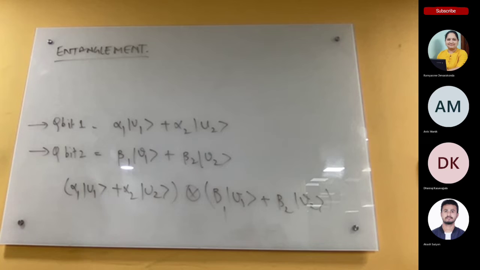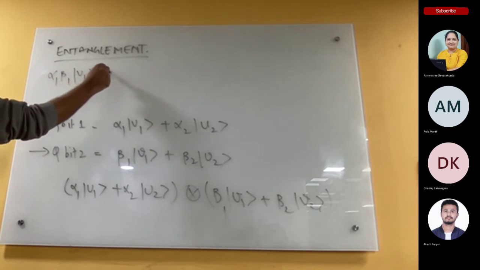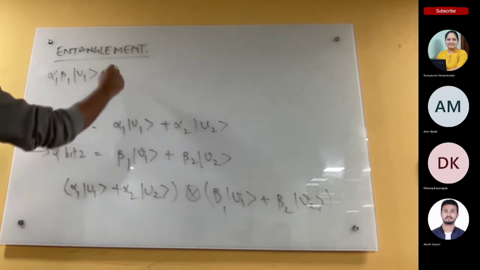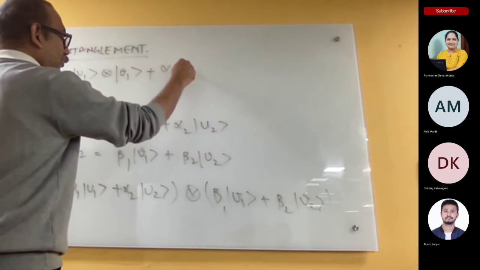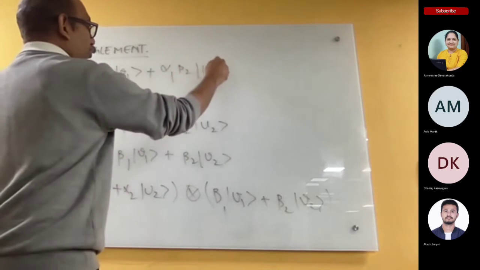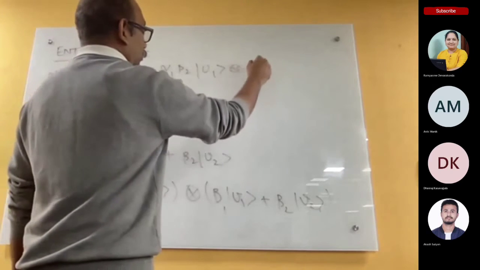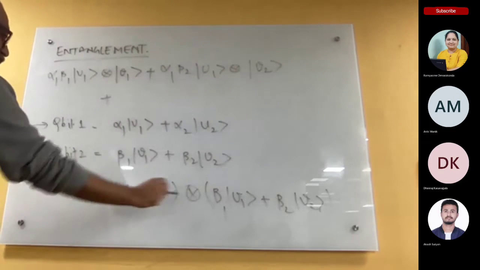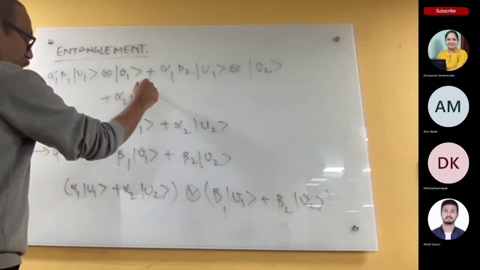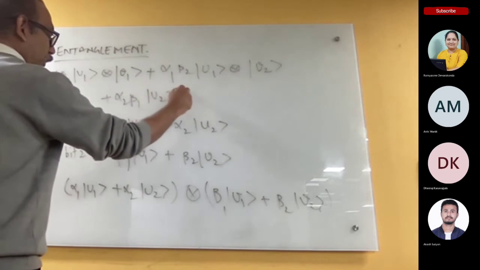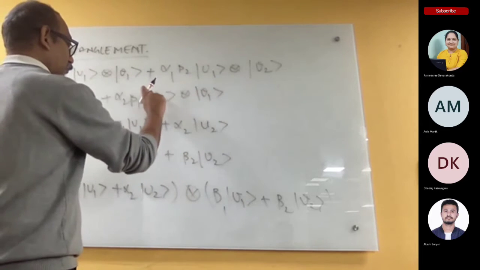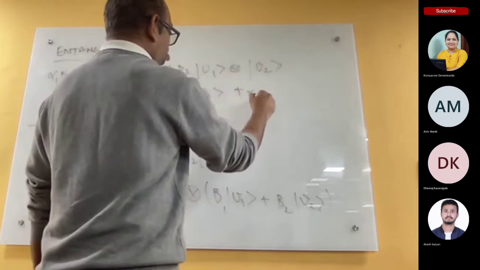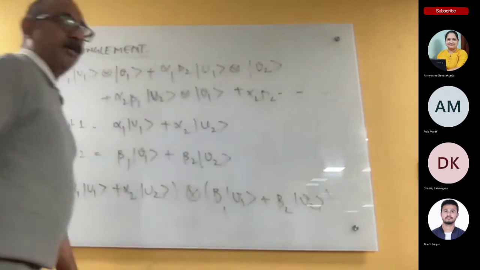If you simplify it, this becomes alpha 1 beta 1 U1 tensor product V1, plus alpha 1 beta 2 U1 tensor product V2, plus alpha 2 beta 1 U2 tensor product V1, plus alpha 2 beta 2 U2 tensor product V2.